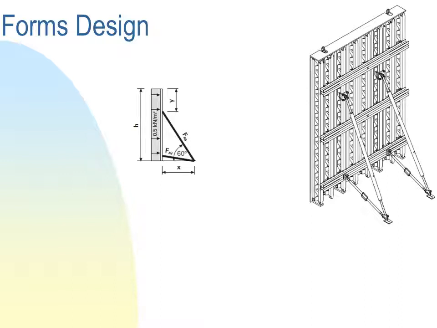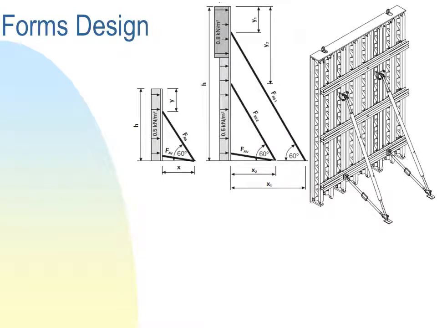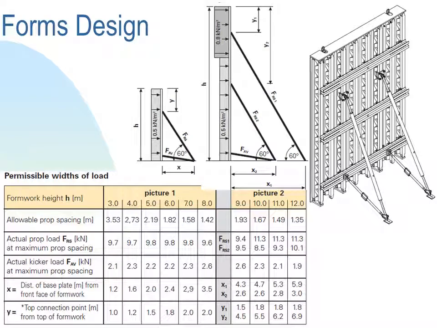So you could have maybe two sets of lateral supports, or three sets, depending on the height. And again, depending on the different loads, you will have different configurations and different dimensions, and the catalogs will help you to pick the ones that are suitable for your option depending on your load.